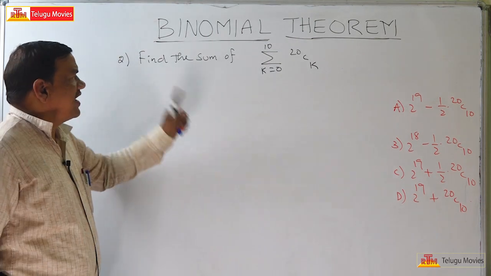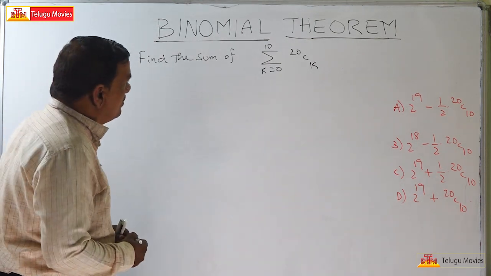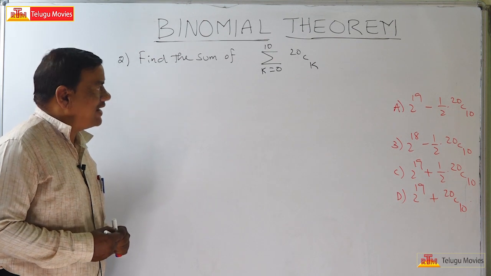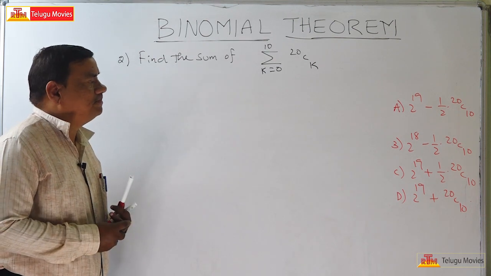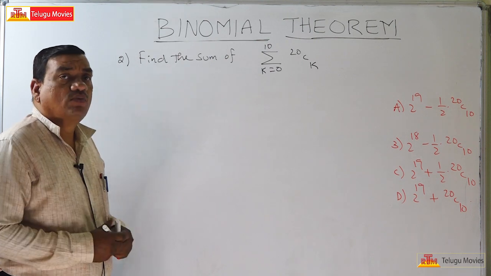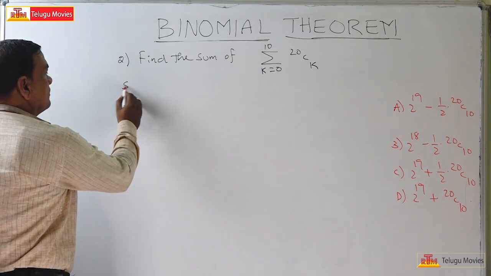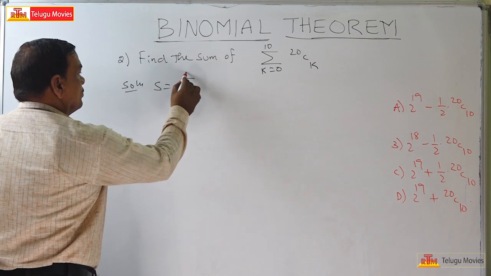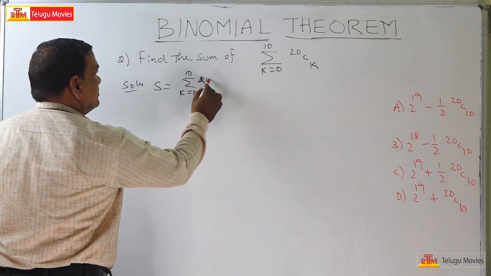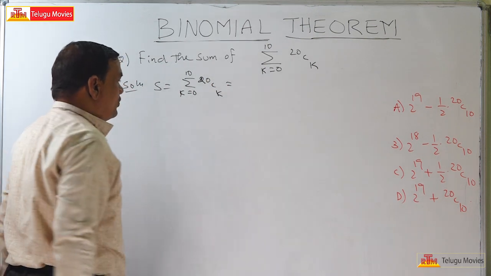Here it is given, find the sum of sigma k runs from 0 to 10, 20Ck. It is a very simple problem. Solution. Let this sum be sigma k runs from 0 to 10, 20Ck.